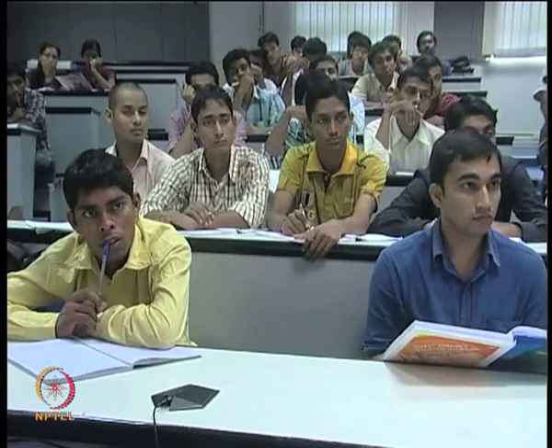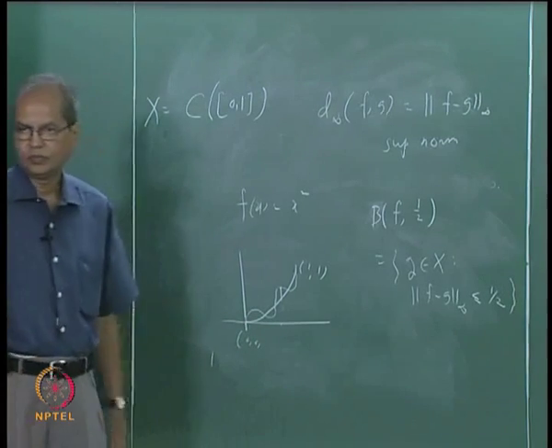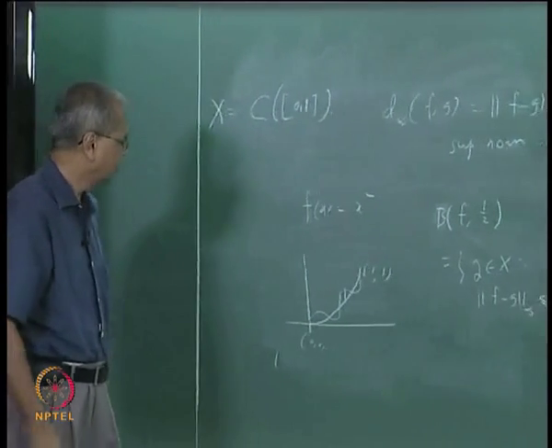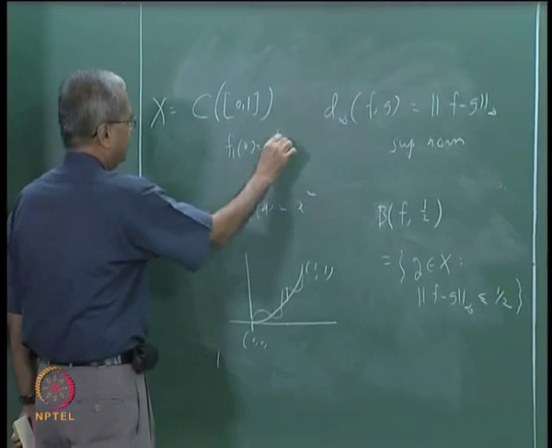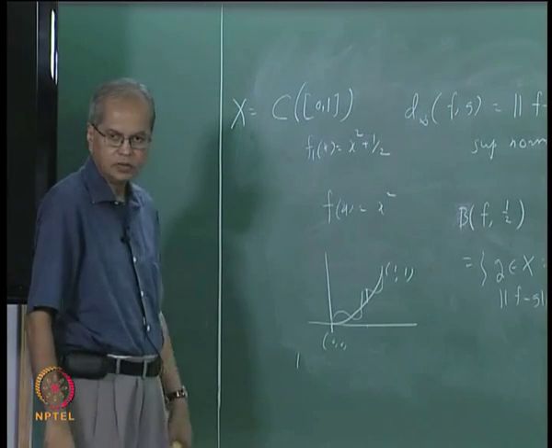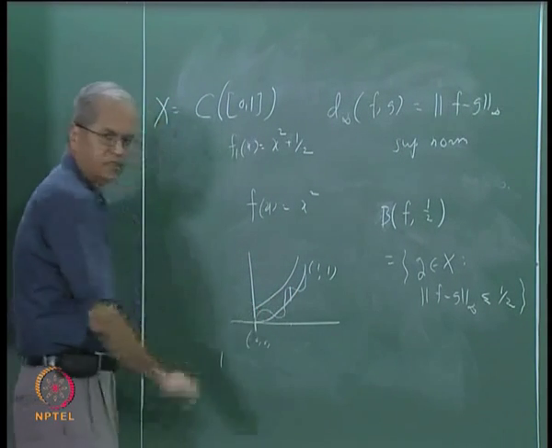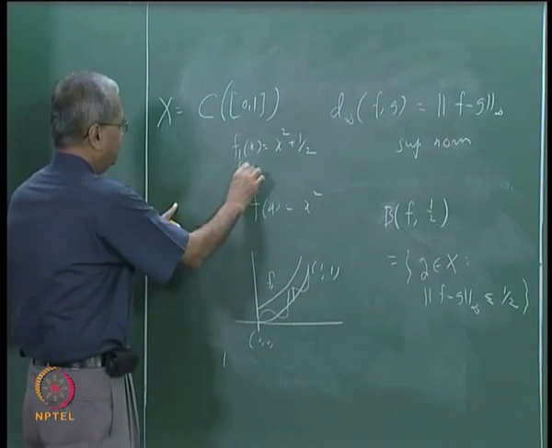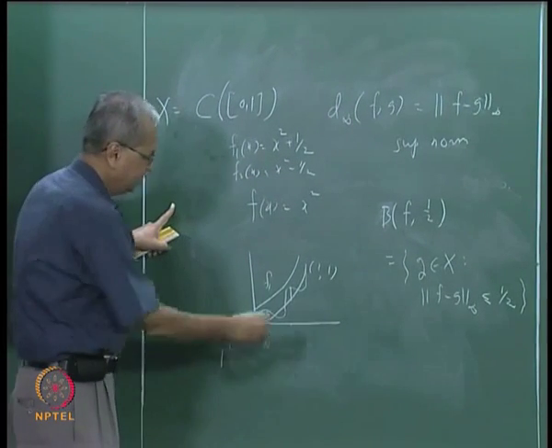Now what will be the geometric way of describing all those functions in terms of graphs? For example, let me take these two functions. Suppose I take f1 of x as x square plus half. How will the graph of that look? The same thing will be shifted above. Similarly, I consider f2 of x as x square minus half, which will be shifted below.